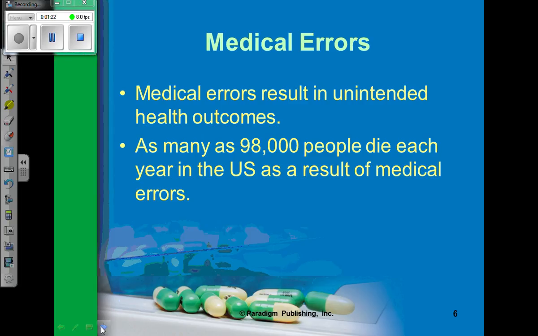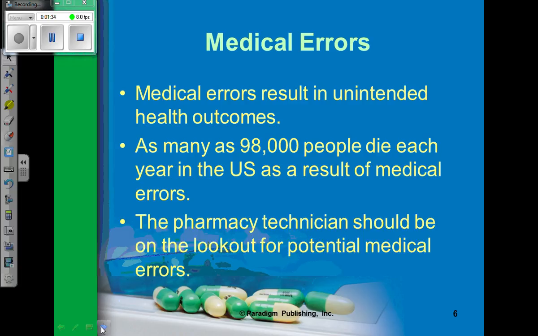So you want to double check behind other techs and at your different workstations for errors every time you pick up a medication. The pharmacy technician should be on the lookout for potential medical errors. Medical errors can be as simple as a lab test drawn at the wrong time, returning an inaccurate result, or more severe examples would be a major surgical error that ends in death.